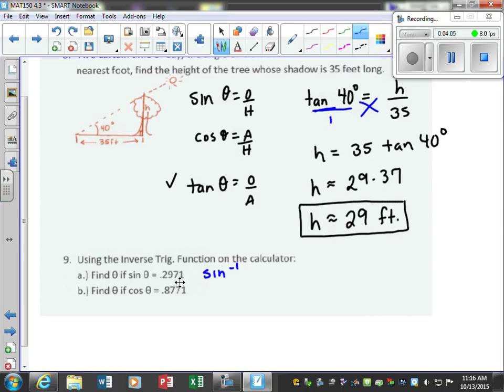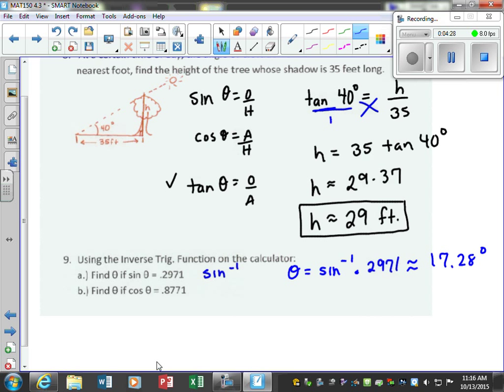We want to find the sine inverse of that. So basically we would say theta is equal to sine inverse of our value that was given, which is approximately, you just plug that in the calculator, 17.28 degrees.